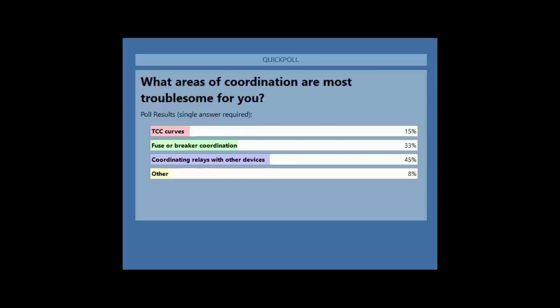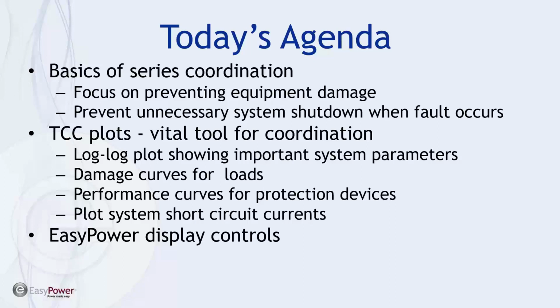Now, today we're going to be talking about the baseline, if you will, of series coordination. The intent of the overall methodology is to prevent equipment damage and improve the reliability of the overall system by preventing unnecessary shutdown of elements of the system that are not necessarily damaged or involved in a particular fault.